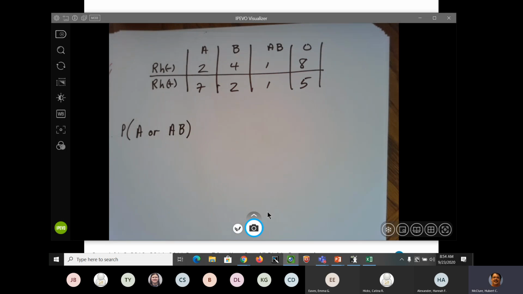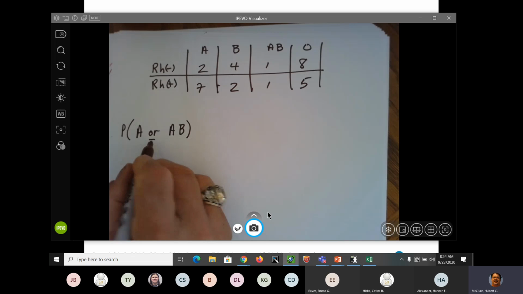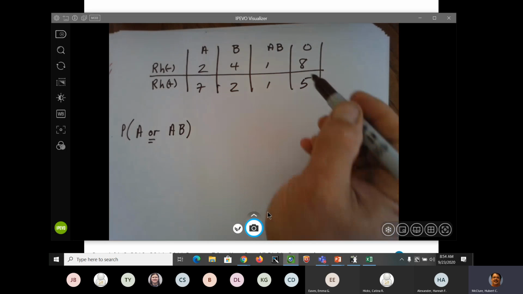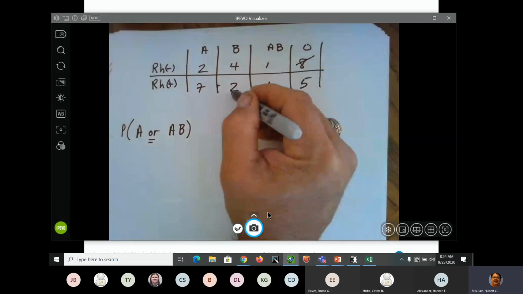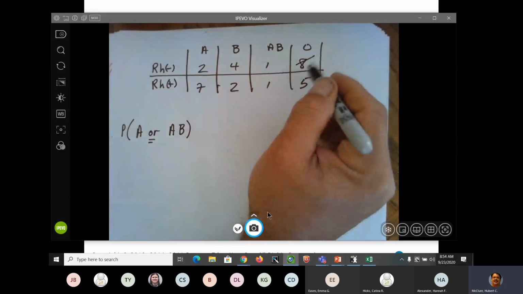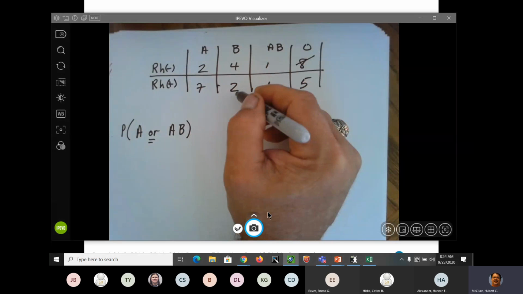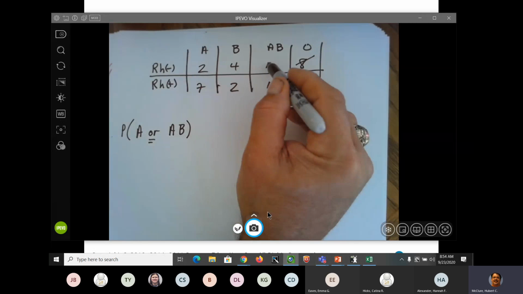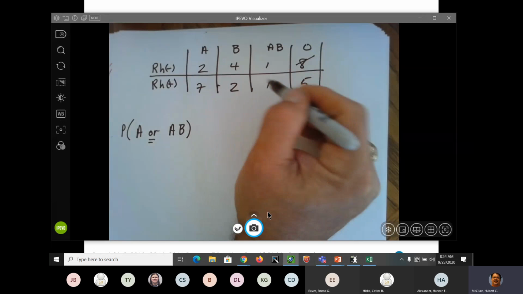Okay, so what I'm going to do, we see the or, and we know it's additive law. First thing we need to do is add up all the numbers because we have to have a denominator. So let's see, 8 and 2 is 10. 5, 4, and 1 is 10, so that's 20, 23, 30.